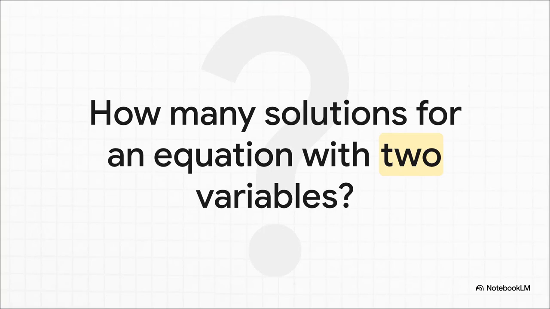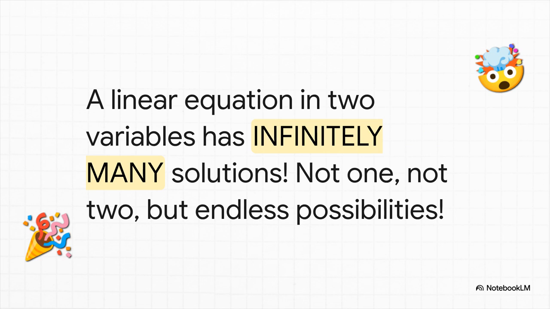For our cricket score, x plus y equals 176, how many different pairs of scores are actually possible? Just 1, 2, maybe 10? What do you think? The answer is infinitely many solutions. Yes, you heard me right. There is literally no end to the number of solutions. I mean, one batsman could score 100 and the other 76.